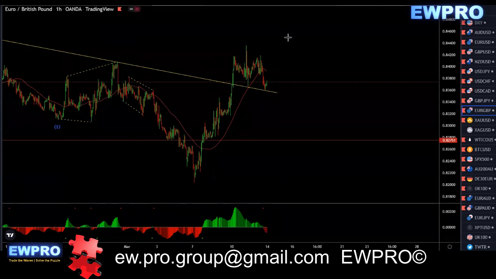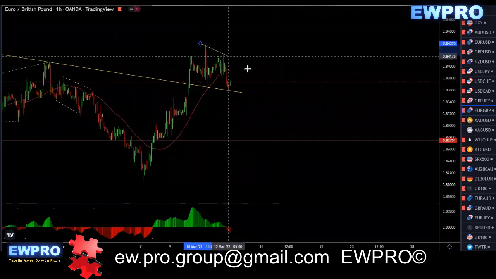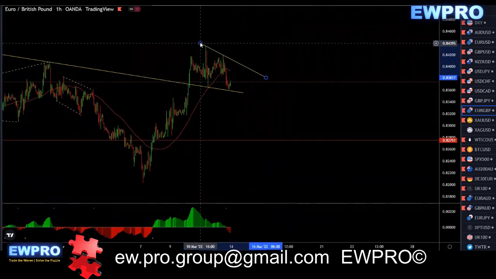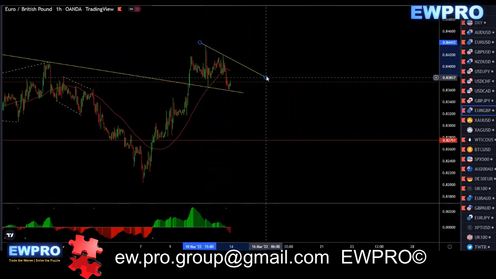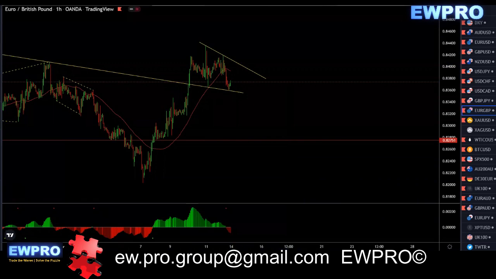You really need to go down to lower time frames. Wait for a trend line break for the buy. You'd need to wait for this to be over and then a trend line break. You really want a nice impulse up, bullish correction or flag, and then look for the buy.